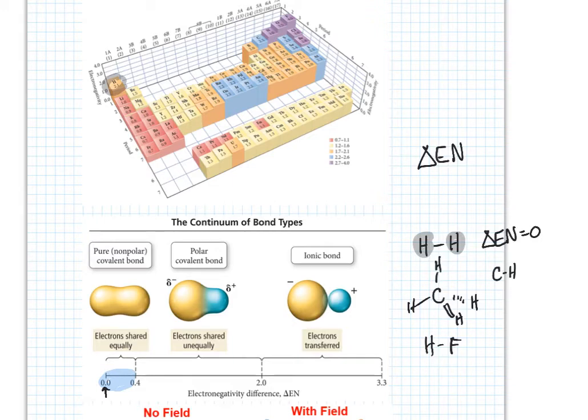Carbon-hydrogen would be 2.5 minus 2.1, and that's equal to 0.4. Go on our scale, 0.4. In fact, that's why they choose 0.4. We would say that one is also purely covalent. HF, on the other hand, is 4.0 minus 2.1, so that's going to equal 1.9. It's going to put us somewhere up in this range right here, and we would say that is a polar covalent bond.